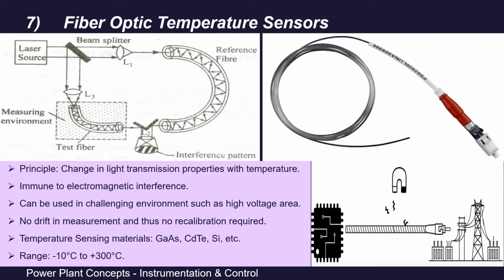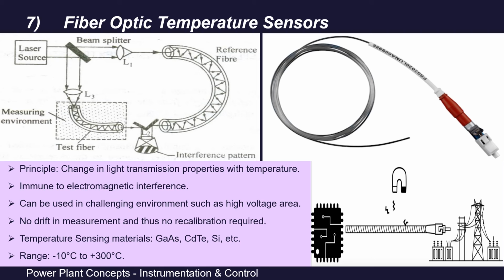One is focused to the reference fiber using lens L1, while the second beam is focused to the test fiber, which is measuring the process environment. Thus, the beams are then focused on lens L2 and their interference pattern is plotted.